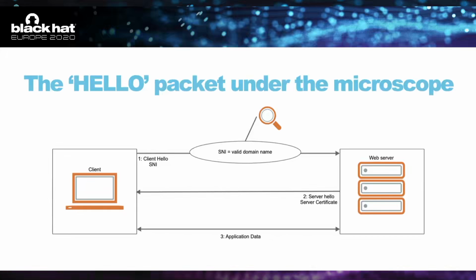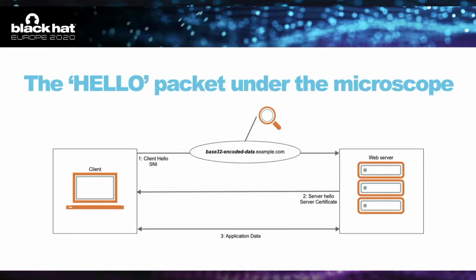This originally became a necessity when using virtual hosting, where a single web server hosted multiple sites with different server certificates. It then had to have a way to know what certificate it should present to the clients. So SNI was the solution. Okay, but what if we do something nefarious with SNI?